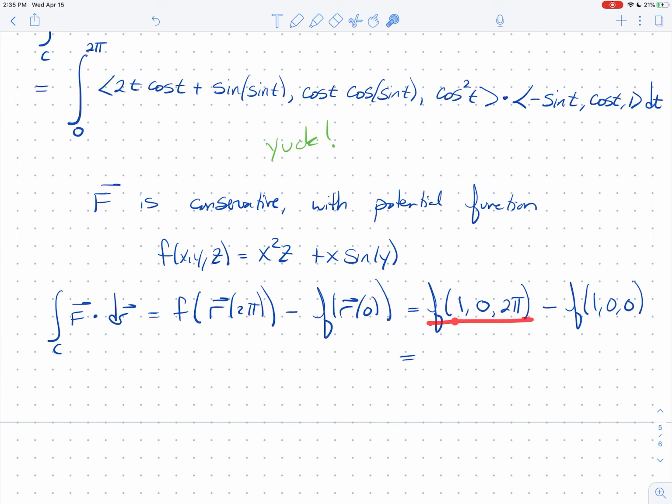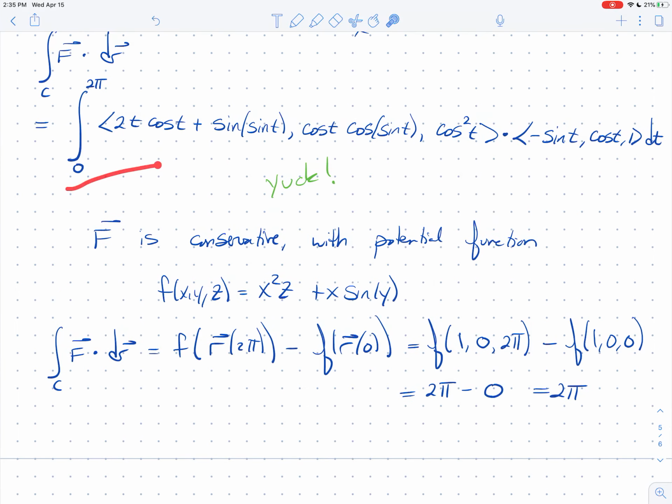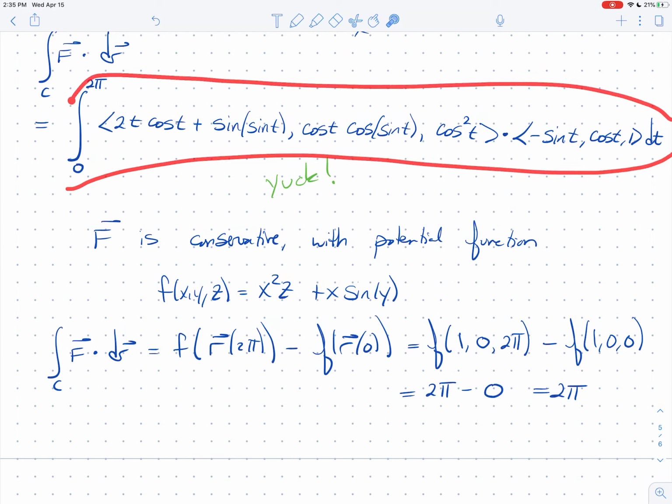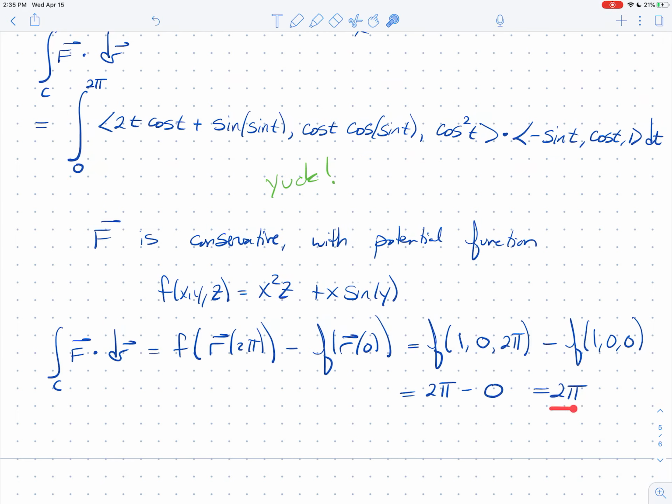Plugging 1, 0, 2 pi into f, 1 for x, 0 for y, 2 pi for z, I just get 2 pi. I subtract f of 1, 0, 0, and look, I just get 0. So this is just 2 pi. It turns out that this nasty integral, which would be very hard to compute directly, has a simple answer. It's just 2 pi.